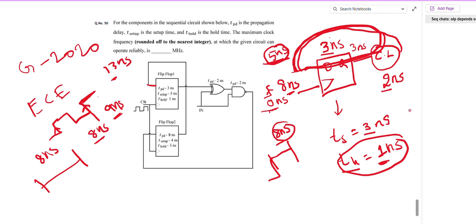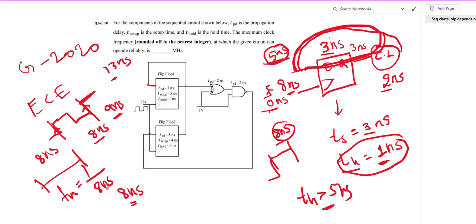If your T_H is greater than 5 nanosecond, then only you take that into consideration. Okay, so as your hold time is less than that 5, I can simply proceed with 8 nanosecond as the minimum clock period I should maintain. So my maximum frequency is 1 by 8 nanosecond. So in this way we calculate.